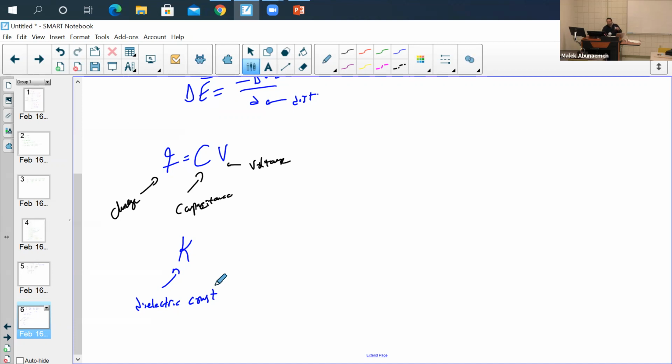Now, by putting the dielectric constant between the plates of a capacitor, let's say you have a capacitor that has two plates, plate A and plate B, and the capacitor holds the charge. So the capacitance can actually increase with a better dielectric constant. Now your dielectric constant is going to equal E naught over E.